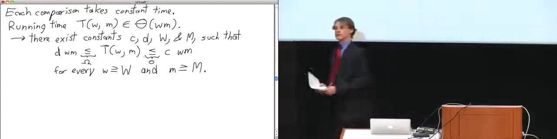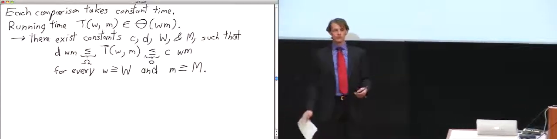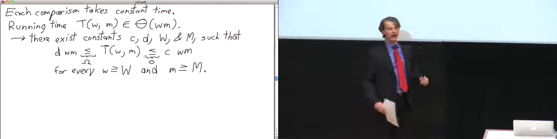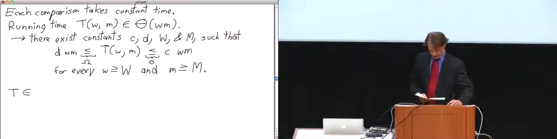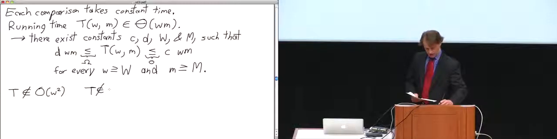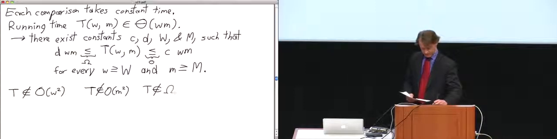Now, there's something I want to emphasize. It's not just that the running time is in big omega of W of M, but it's also that the running time is not in big O of W squared, and it's not in big O of M squared, and it's not in big omega of either of those two things.